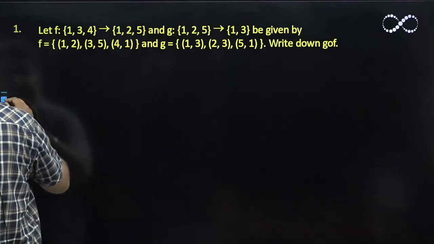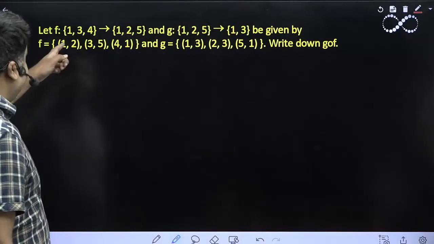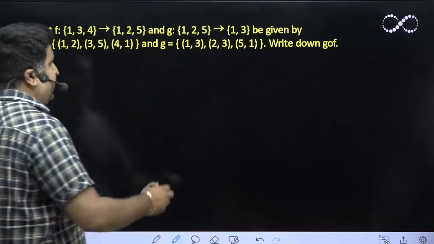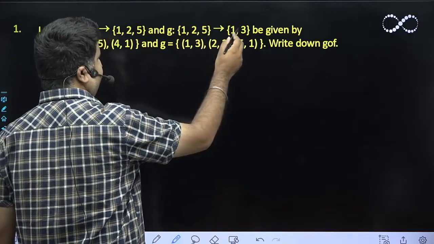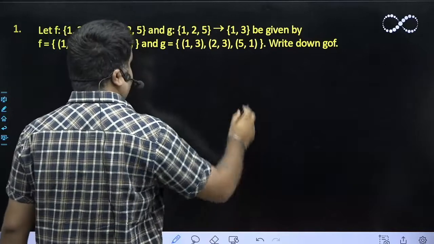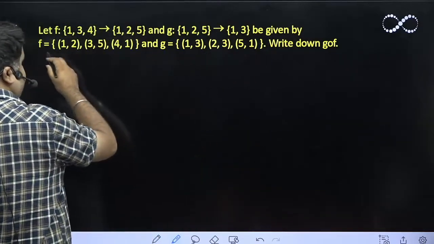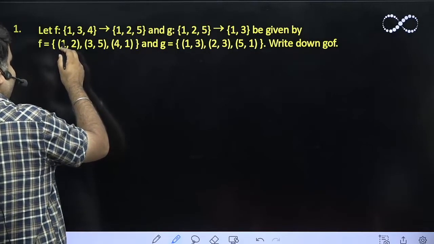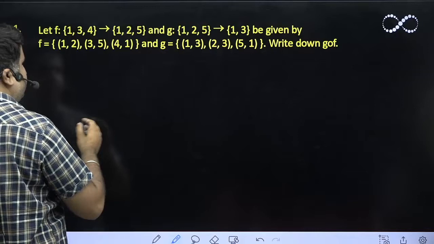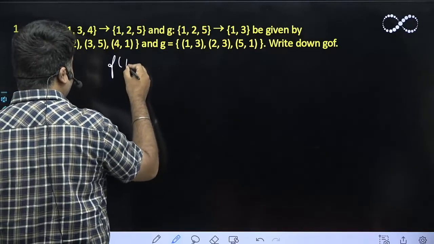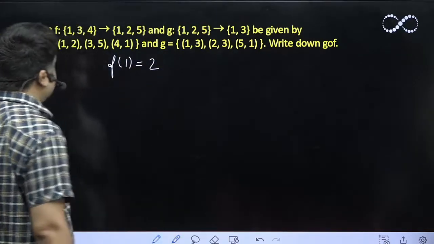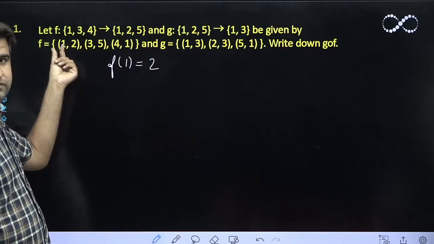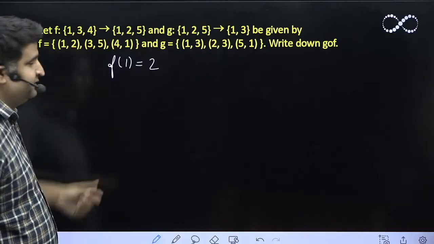The first question is, let f be from {1, 3, 4} to {1, 2, 5} and g from {1, 2, 5} to {1, 3}. This is given by this function, which means the value of function f(x) at 1 is equal to 2. This is the meaning of these ordered pairs. These are (x, y) ordered pairs. So first is the x, second is f(x).